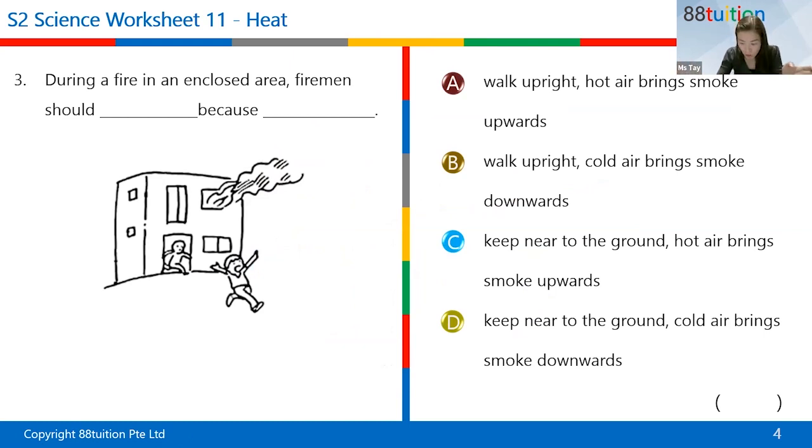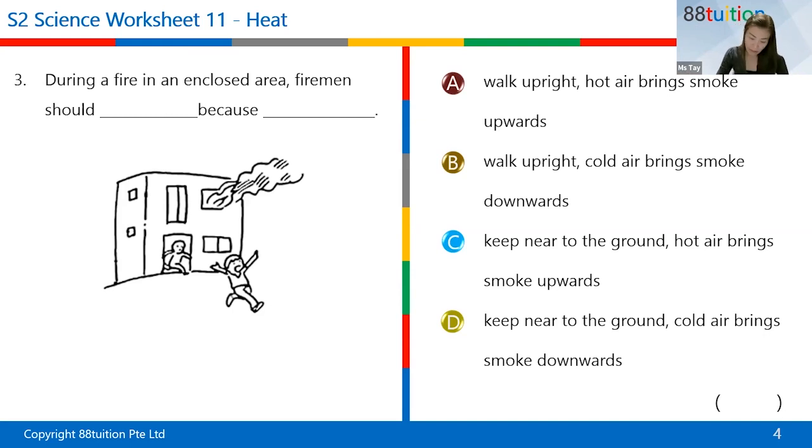As much as possible, you keep nearer to the ground. Even if you can bend down, it's good for you. Why? Because you know the heat rises all the time. During a fire, all the hot air will be rising, and cool air will come down. So if you want to prevent yourself from getting too hot, you should keep near the ground.